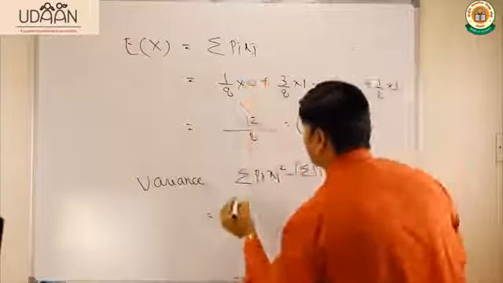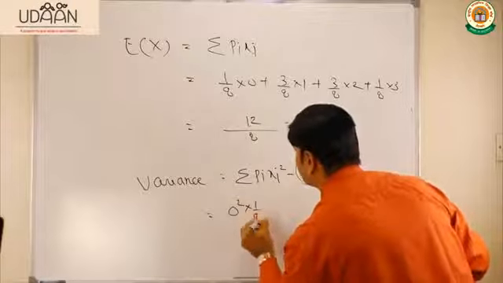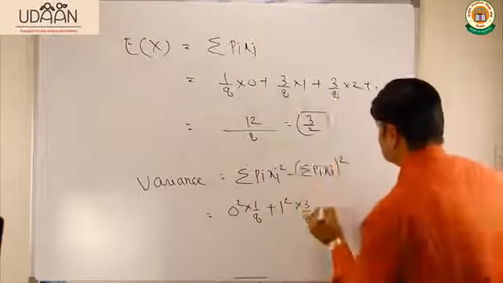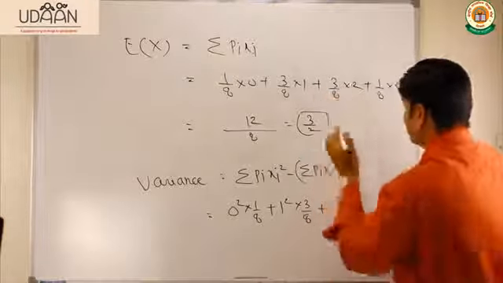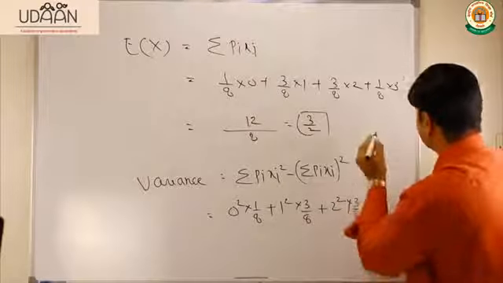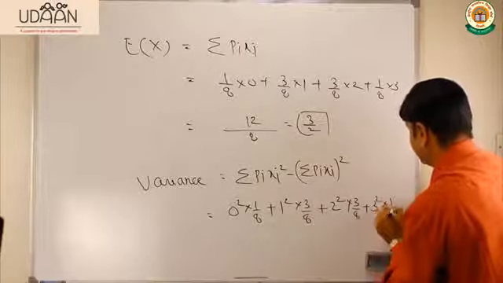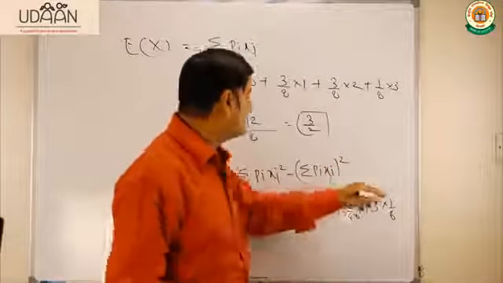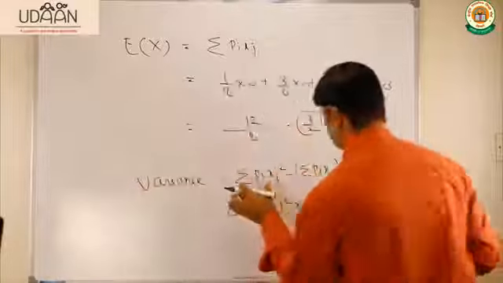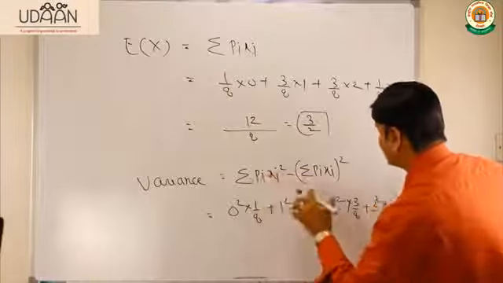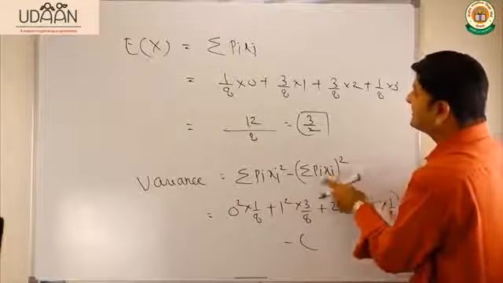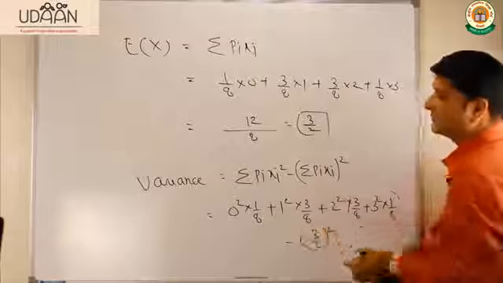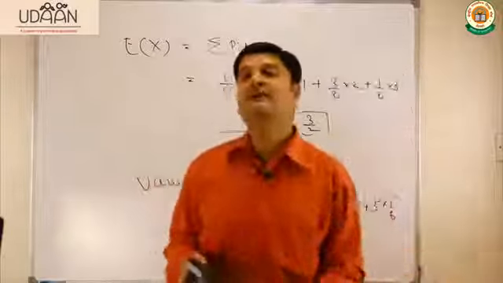So it will be equal to 0 square into 1 by 8 plus 1 square into 3 by 8 plus 2 square into 3 by 8, then 3 square into 1 by 8. You have to calculate that, that work is for you, and whatever value you got from here, minus what we just calculated for summation pi xi, that is 3 upon 2. So minus 3 upon 2 the whole square. Calculate the value, you will get variance.